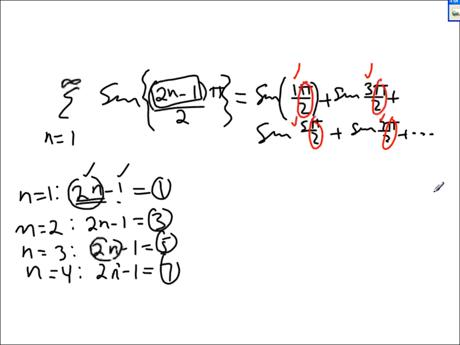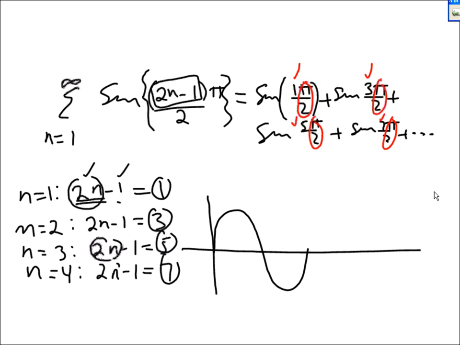Well, let's look at a couple of sine waves. Here is 2 pi. Here is pi. Right there is pi over 2. Here is 2 pi over 2.